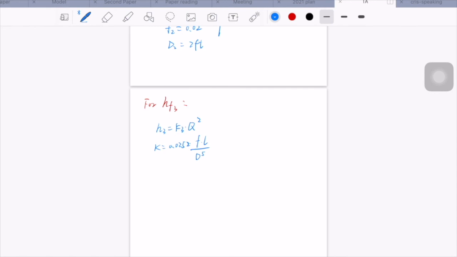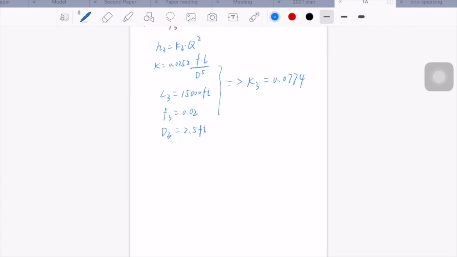The length of pipe 3 equals 15,000 feet, F3 equals 0.02, and D3 equals 2.5 feet. So we can determine that K3 equals 0.0774. And now we can use Excel to create a table like this one.